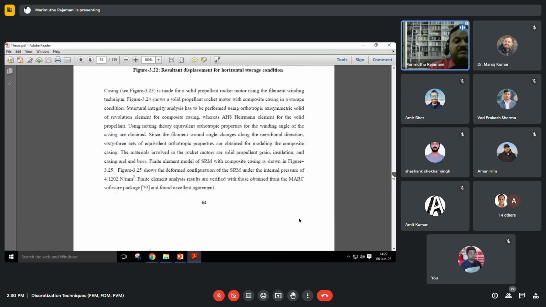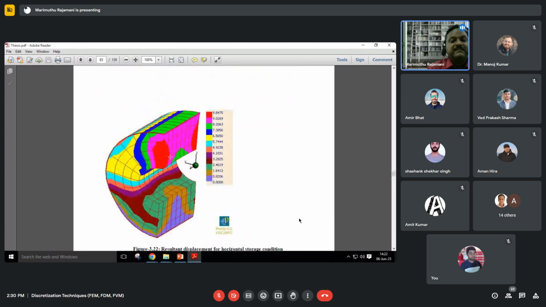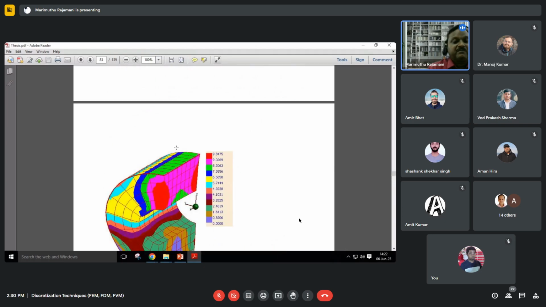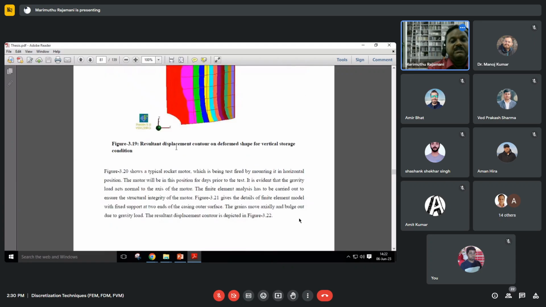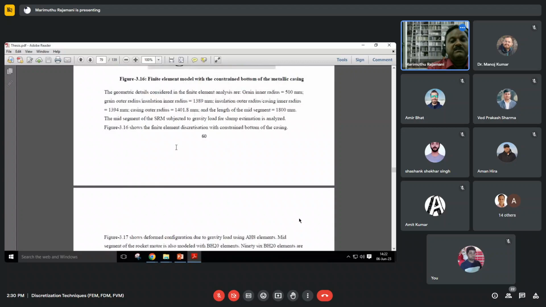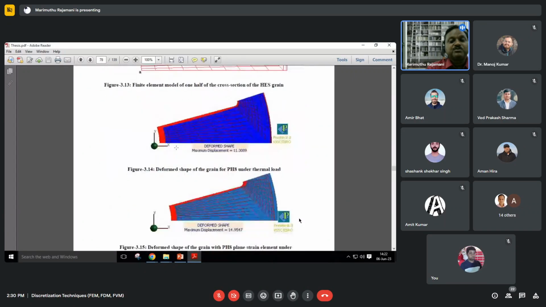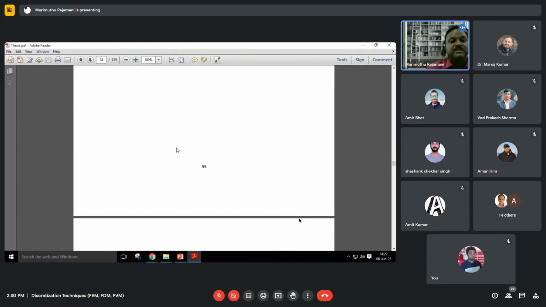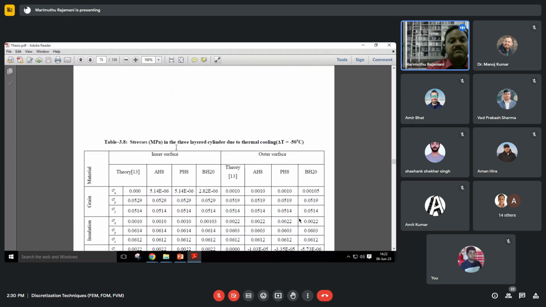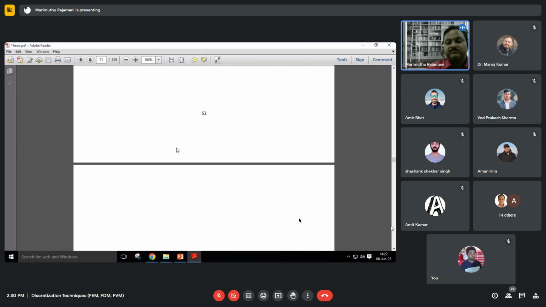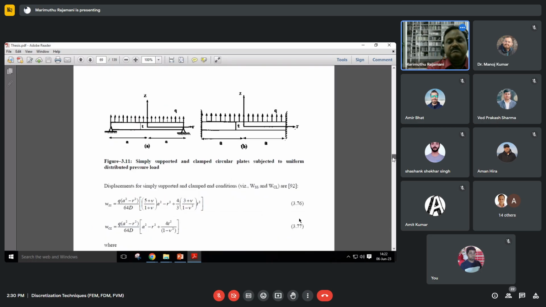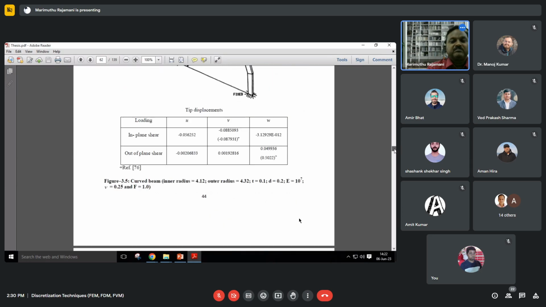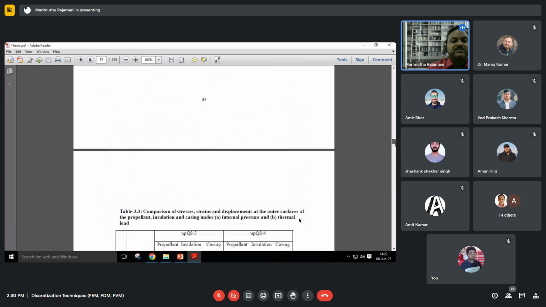Actually, these are all solid propellant rocket motors, and for solid propellant we have used the Safari method that I have told you, and this method has been used with constrained variation problem. As I told you, I'll show that equation and then further I will come to that.